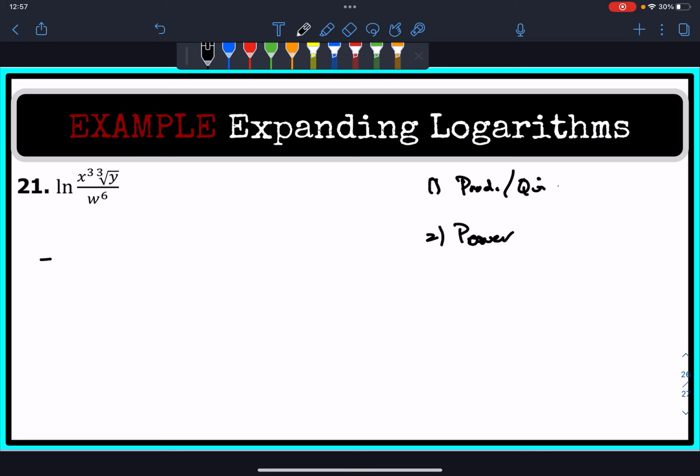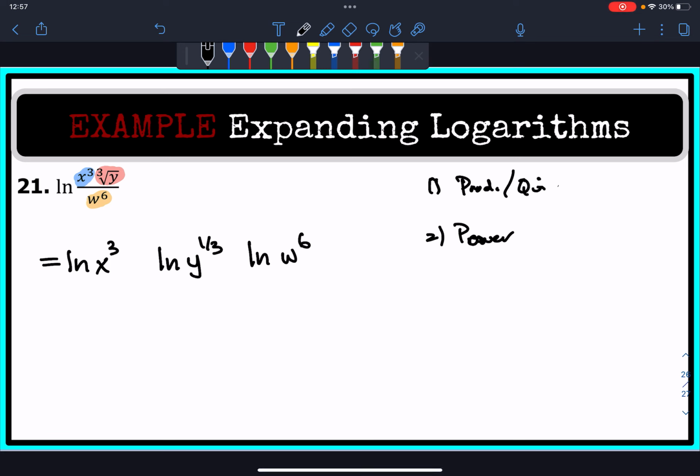So to expand this, notice that we have three things. We have x to the third, we have this cube root of y, and we have w to the 6. So that's going to give me 3 natural logs.